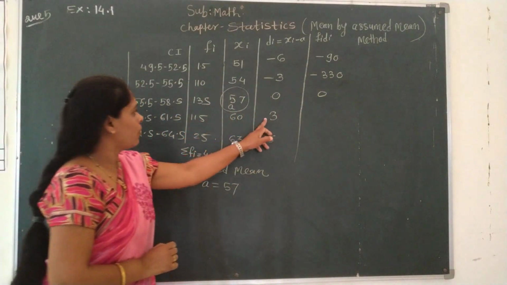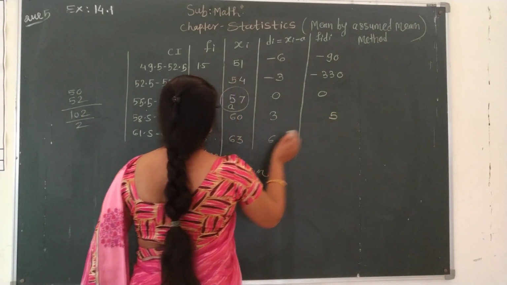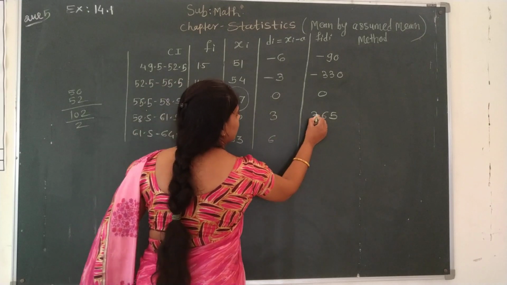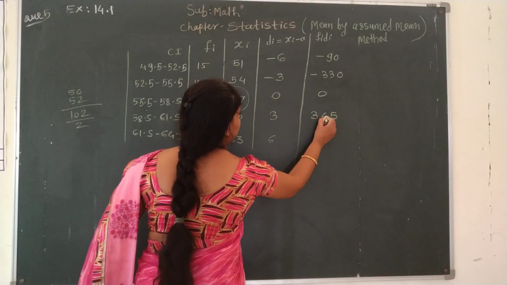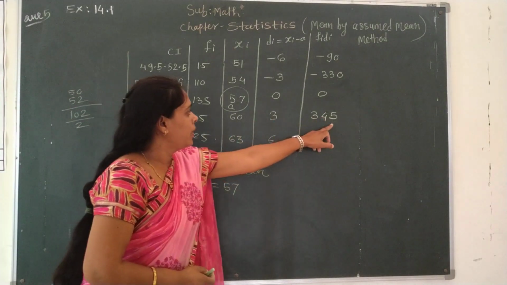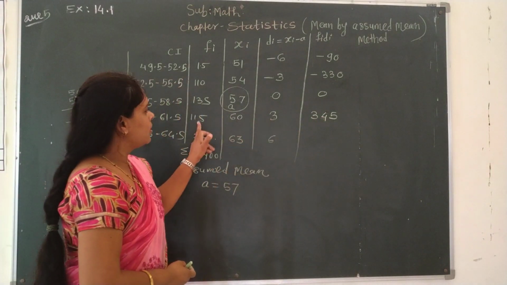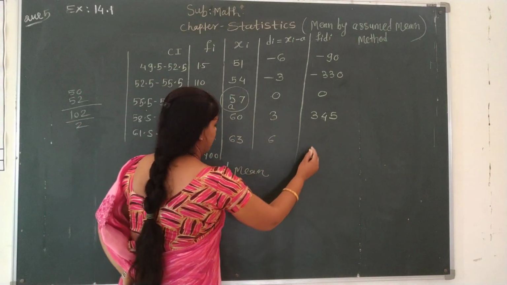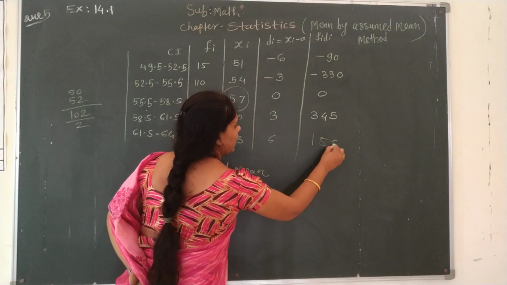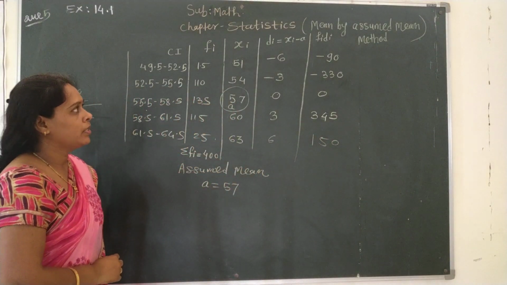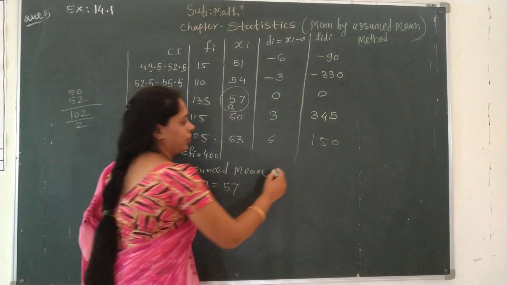Now take this product. Five threes are 15, 1 carry, 3 ones are 3, plus 1 carry 4. Now 25 sixes are 150. These are the products.